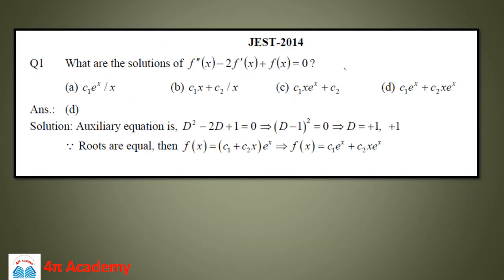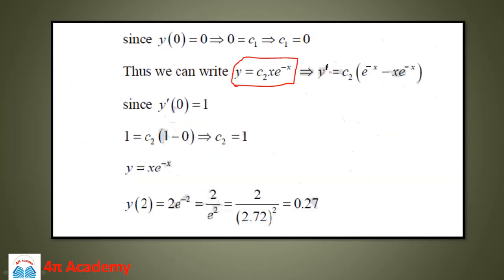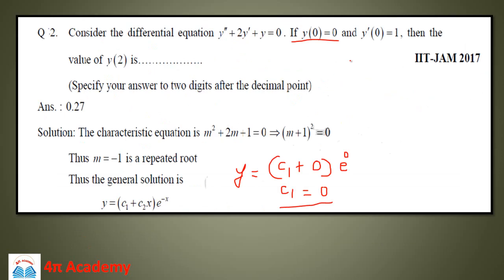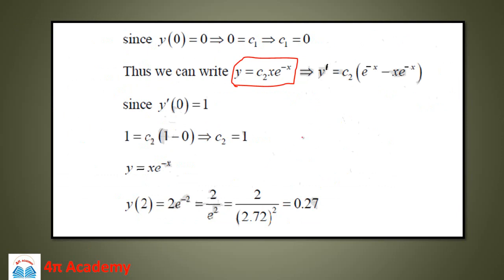So now let us substitute the second condition, which is y dash of 0 is equal to 1. Let us find y dash, that is the derivative of y. So y dash will be equal to, here I take c2 as a constant, so it can be taken out of the differentiation, and differentiating this term, x into e raised to power minus x.